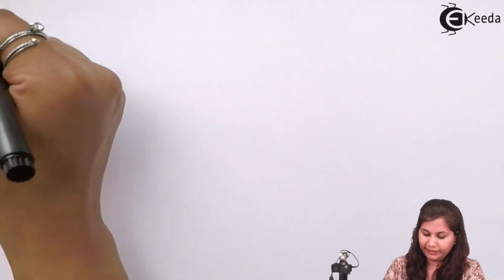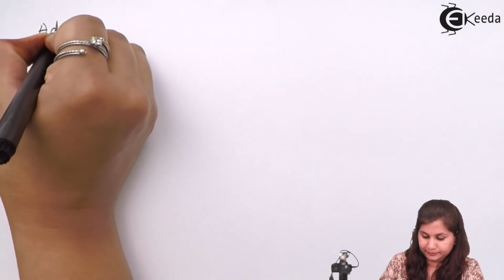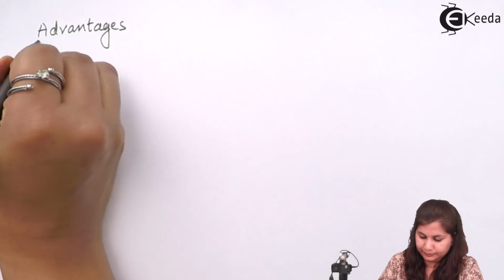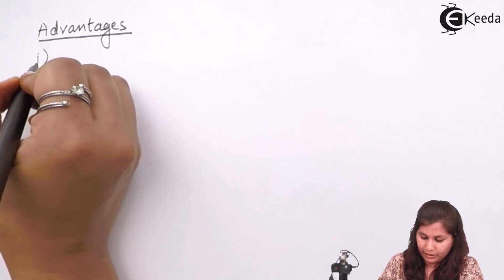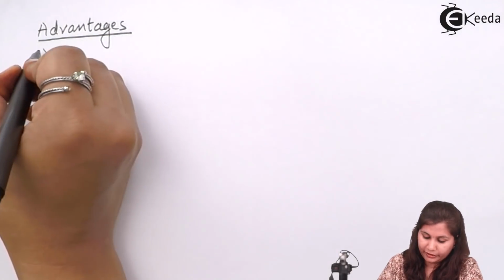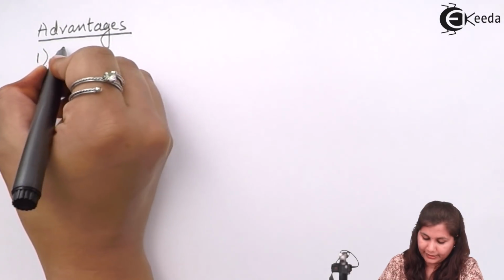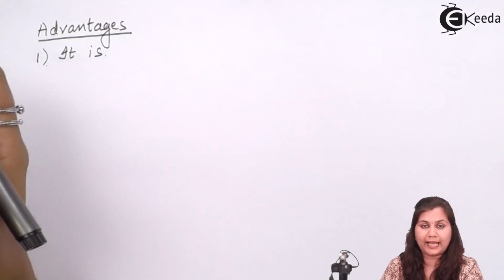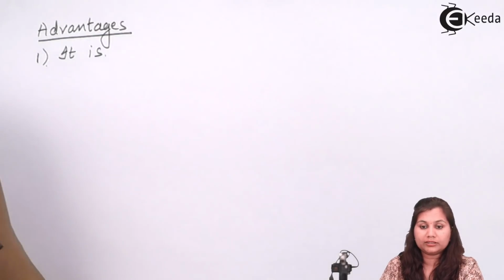So this was all about the working of the McLeod gauge. Now comes the advantages. The first advantage of the McLeod gauge is that it is independent of the composition of the gas which is used, that is, of the different elements of which the gas is made up.